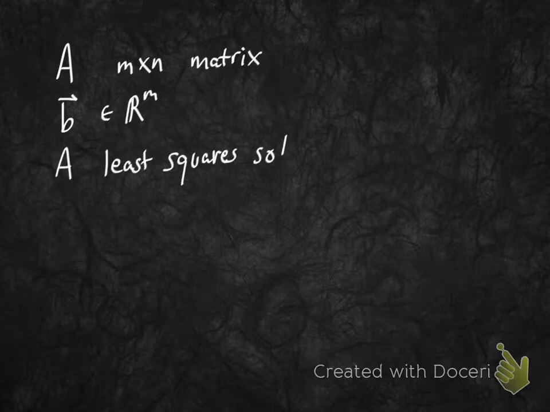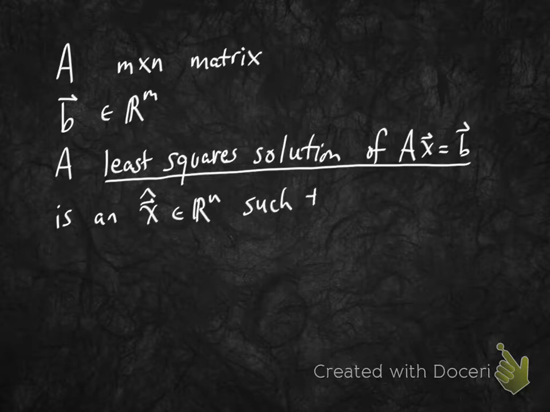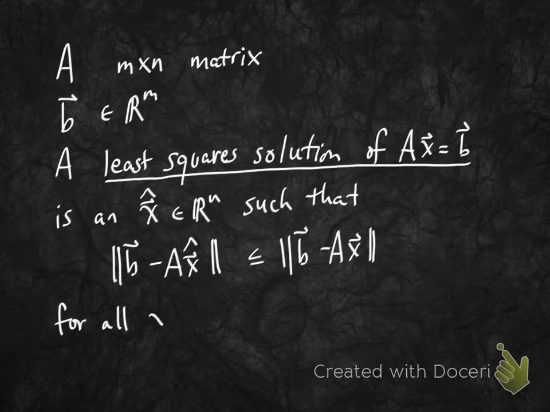So first, the definition: a least squares solution of the linear system Ax equals b is a vector x hat in R^n that has the property that the length, or norm, of b minus A x hat is less than or equal to the length of b minus Ax for all x in R^n.